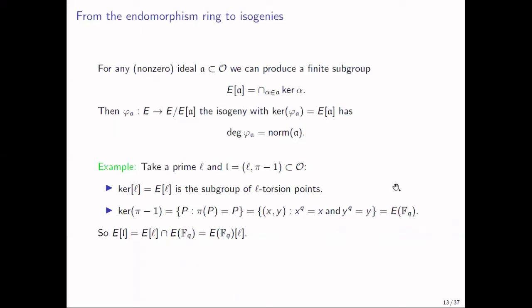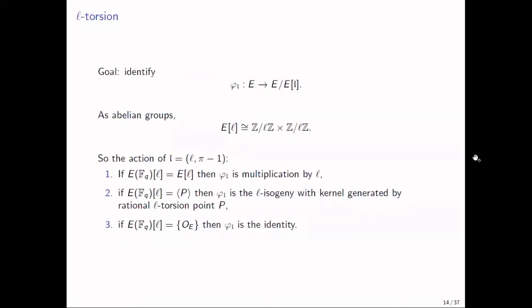And so now what happens? We have a good description of the L-torsion. It's not so hard to show that as abelian groups, the L-torsion just looks like two copies of Z mod LZ.